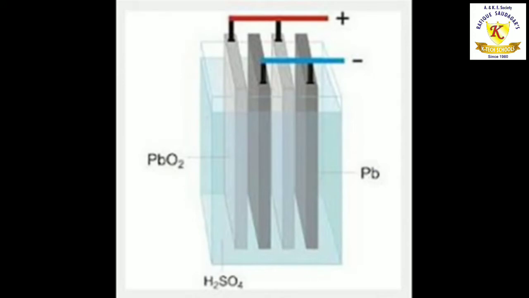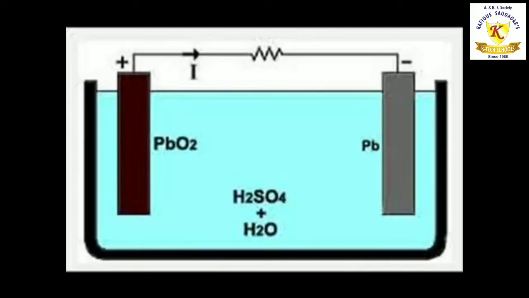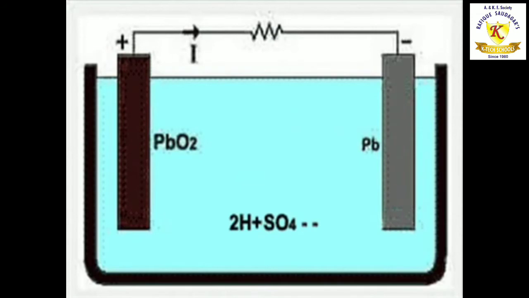The lead acid storage battery is formed by dipping the lead peroxide plate and sponge lead plate in dilute sulfuric acid. A load is connected externally between these plates. In dilute sulfuric acid, the molecules of acid split into positive hydrogen ions and negative sulfate ions.